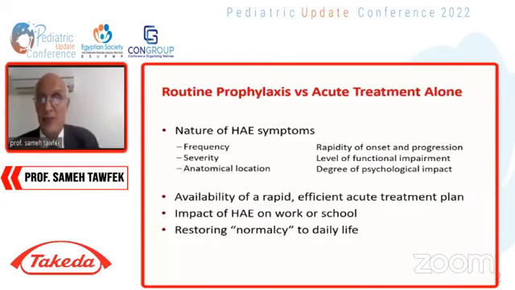For example, the frequency, rapidity of onset and progression, severity, level of functional impairment, anatomical location, and the degree of psychological impact as well. The availability of a rapid acute treatment plan, and the impact of hereditary angioedema on work or school. Because, for example, if somebody gets edema in his face or hands or feet, he wouldn't go to work.